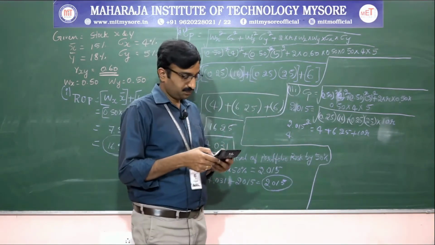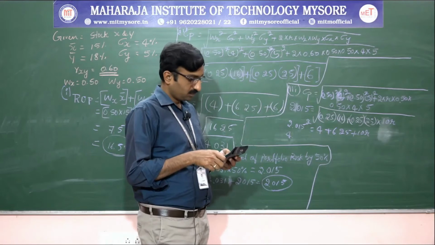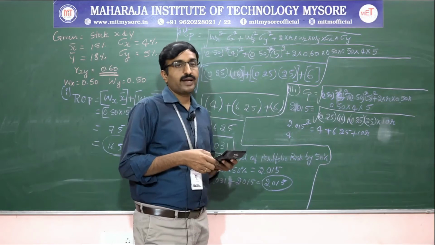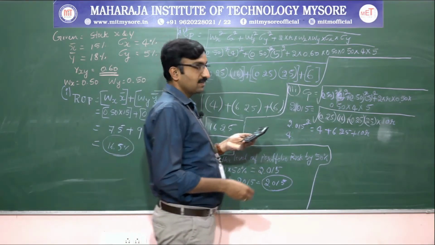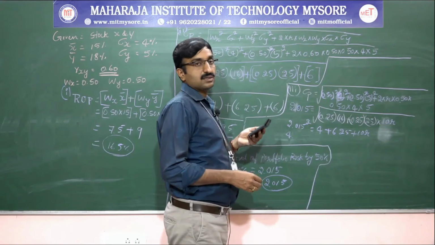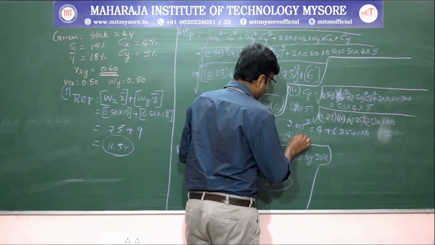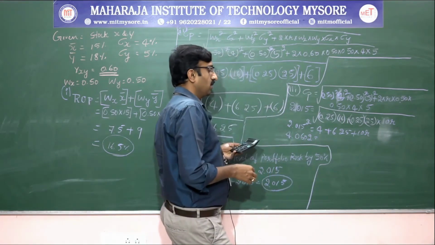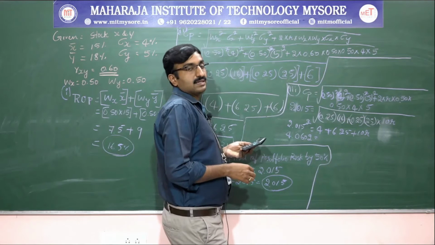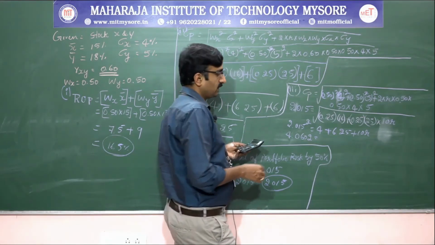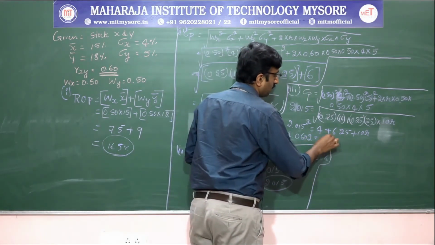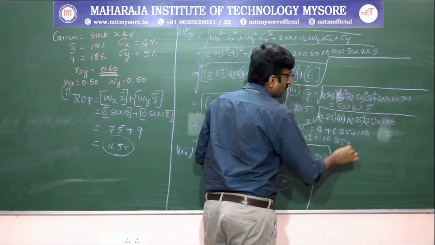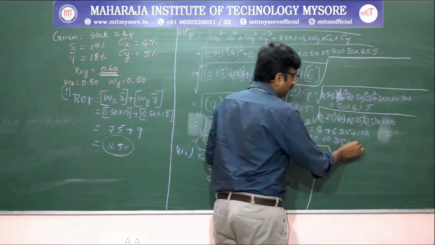You will get 4.0602. 4.0602. If you do 2.015 square, you will get 4.0602. That is equal to the combination of this one, you will get 10.25 plus 10 R.